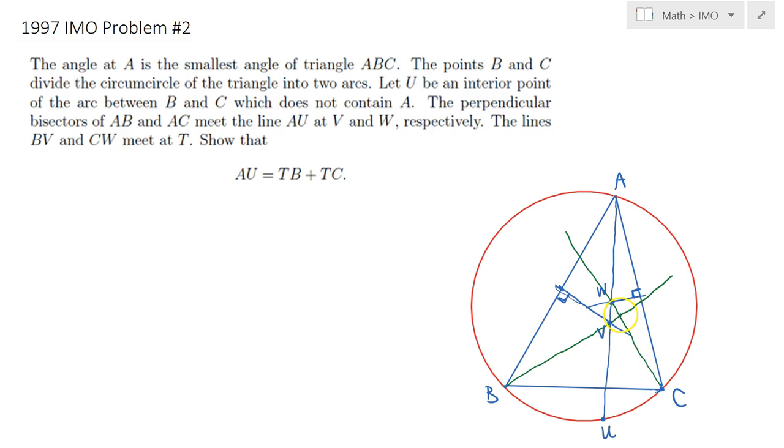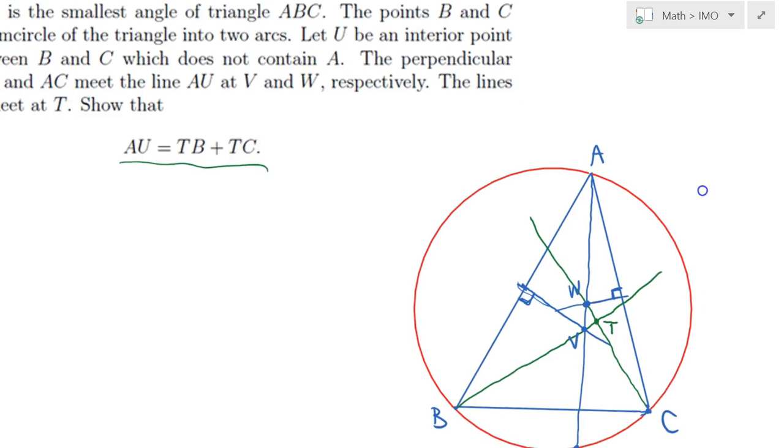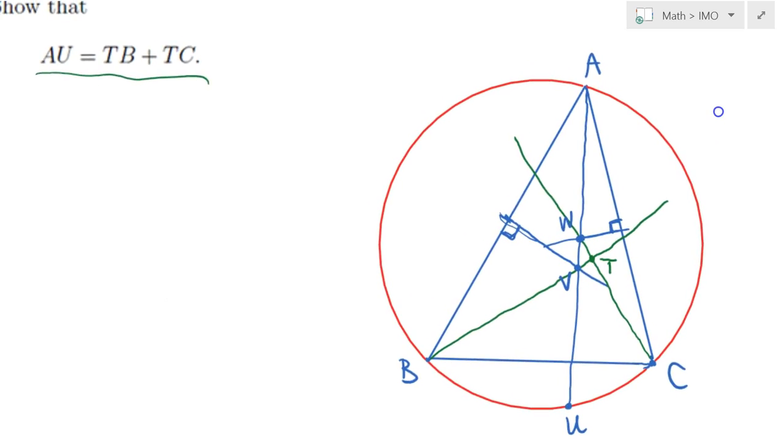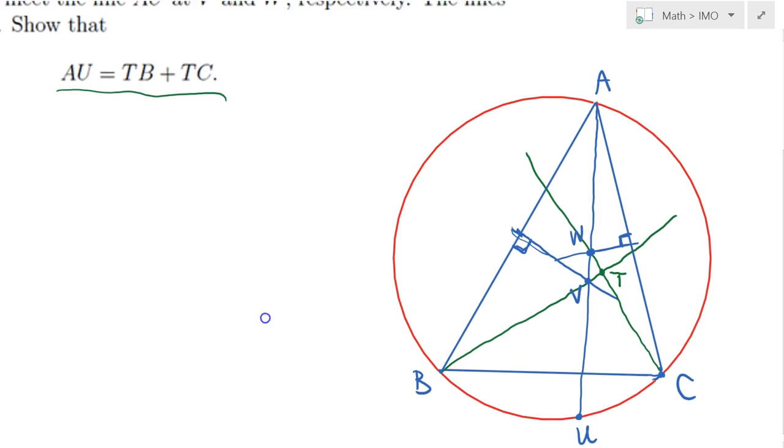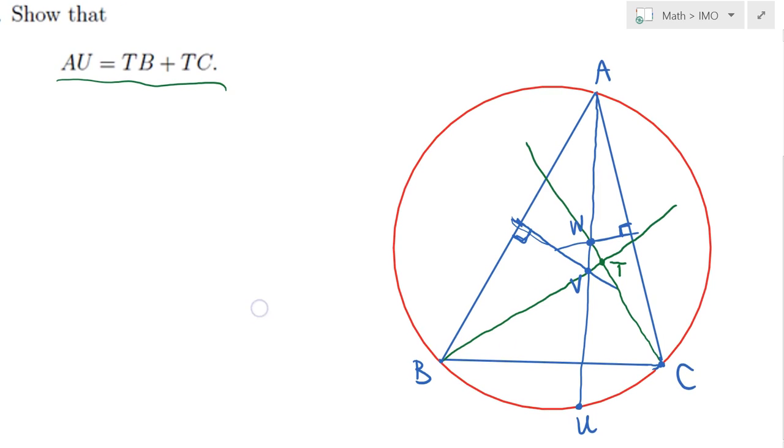They meet at this point here, the point T, and we would like to show that AU is simply equal to TB plus TC. So let me go ahead and make this picture larger, and I still keep the question on my screen.